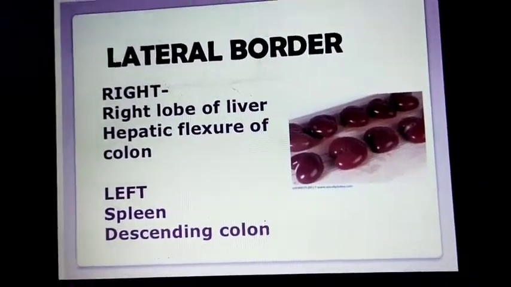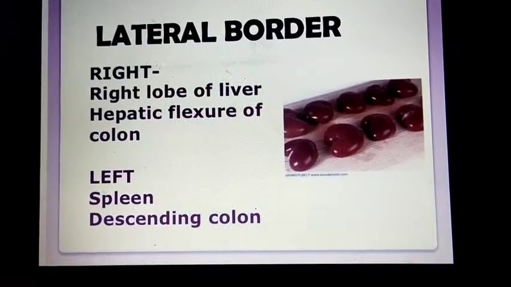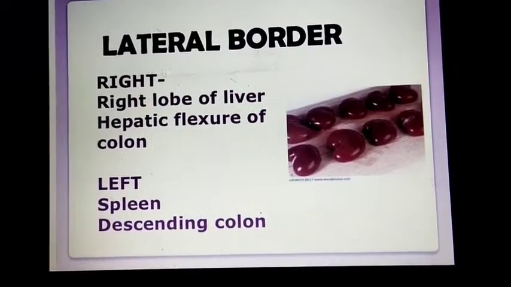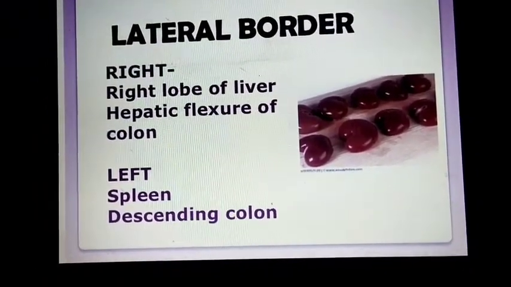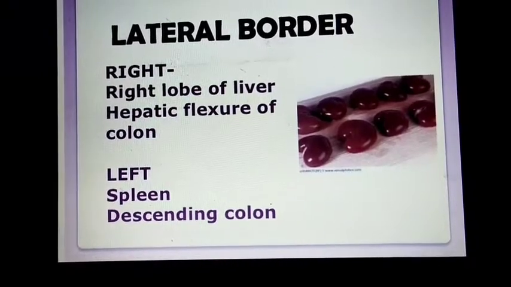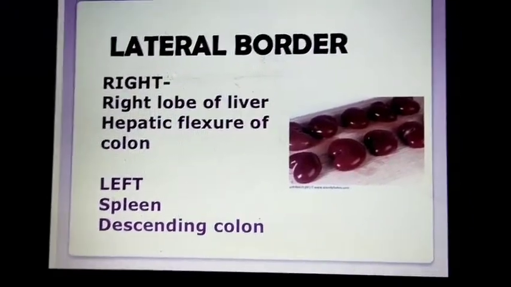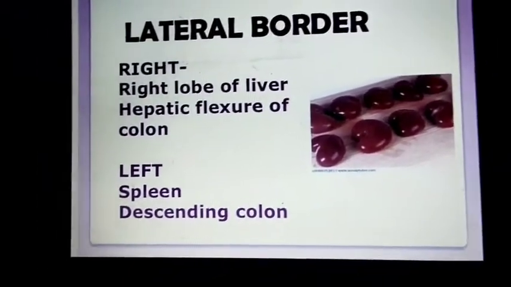On the lateral border, on the right side, the right lobe of the liver and the hepatic flexure of the colon are attached. On the left side it is attached to the spleen and descending colon.